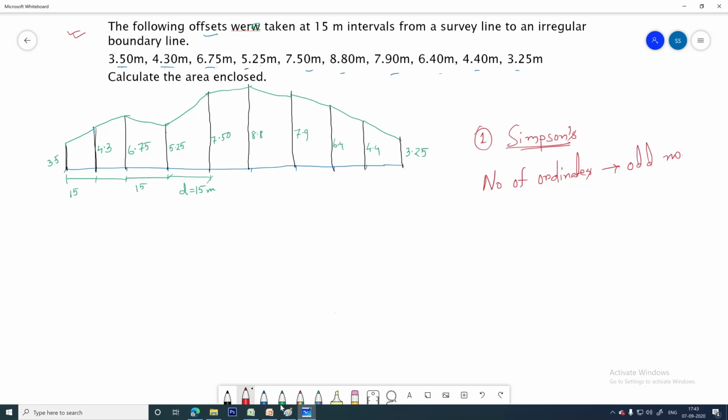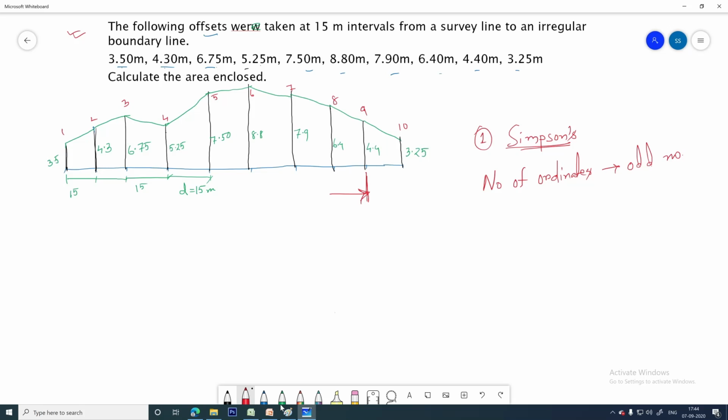But here the number of ordinates is 1, 2, 3, 4, 5, 6, 7, 8, 9, 10. So we can't apply Simpson's rule to the whole. We can apply it up to this portion, where the number of ordinates will be 9, an odd number. Considering that portion, you can apply Simpson's rule, and the remaining portion can be handled with the trapezoidal rule.